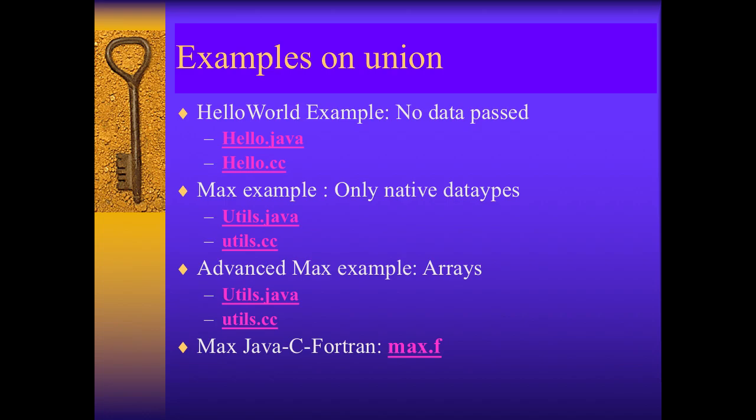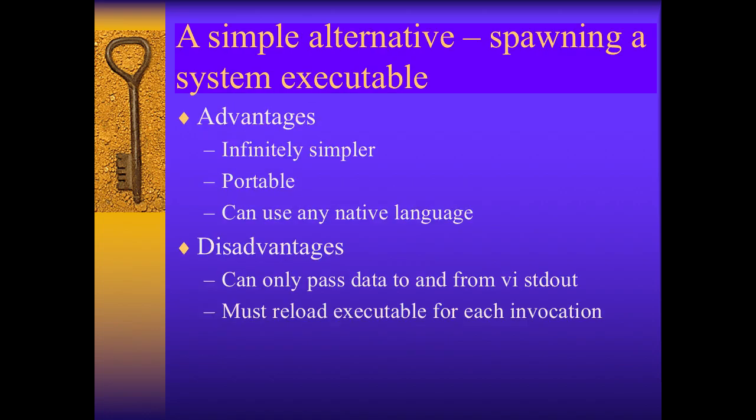So interfacing to a variety of different languages is possible. It's not just limited to C or C++. You can go to Fortran or any other language you like. The trouble is, of course, passing data is much more difficult. And what you'd like to do is find something that allows you to invoke the native methods without having to go through all this trouble.